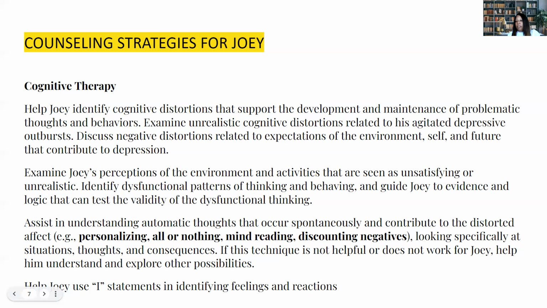We're going to examine Joey's perceptions of the environment and activities that are seen as unsatisfying or unrealistic, identify dysfunctional patterns of thinking and behaving, that's REBT therapy, and guide Joey to evidence and logic that can test the validity of his dysfunctional thinking. So we're going to assist in understanding the automatic thoughts that occur spontaneously and contribute to the distorted effect, like personalizing, the all or nothing attitude, mind reading, discounting the positive.